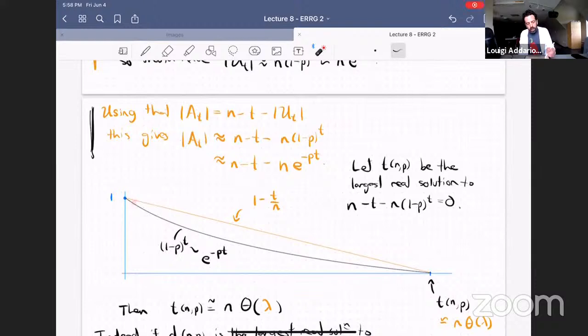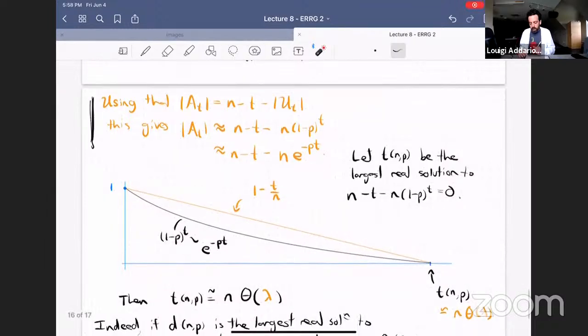At the start, when on average we explore more than one vertex per step, the size of that set should increase. Then as we deplete the finite stock of vertices in the graph, at some point that average number will dip below 1, and the difference will start to decrease on average and eventually hit 0 around this time n theta here.